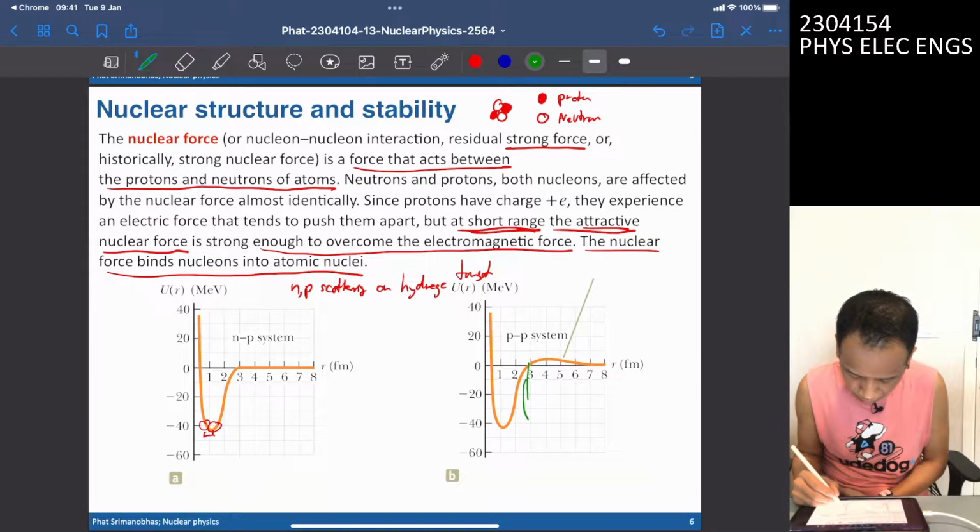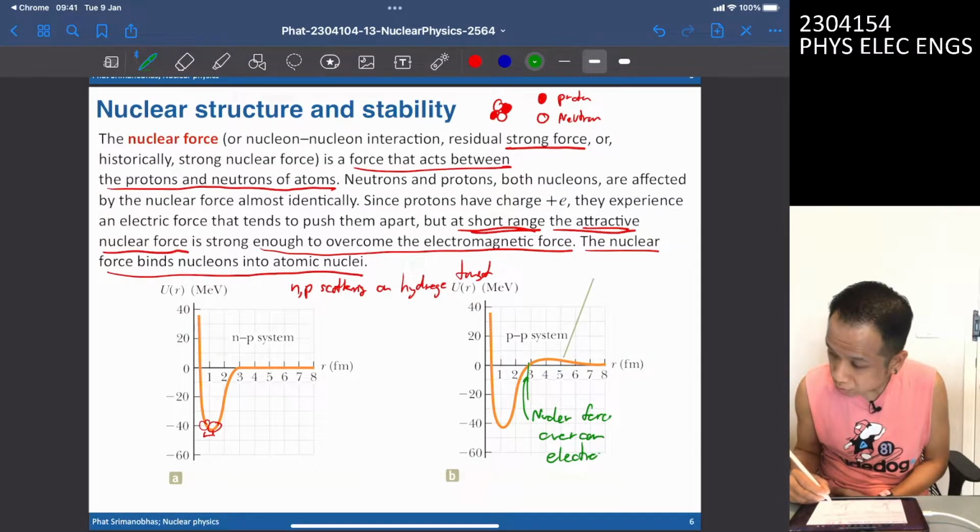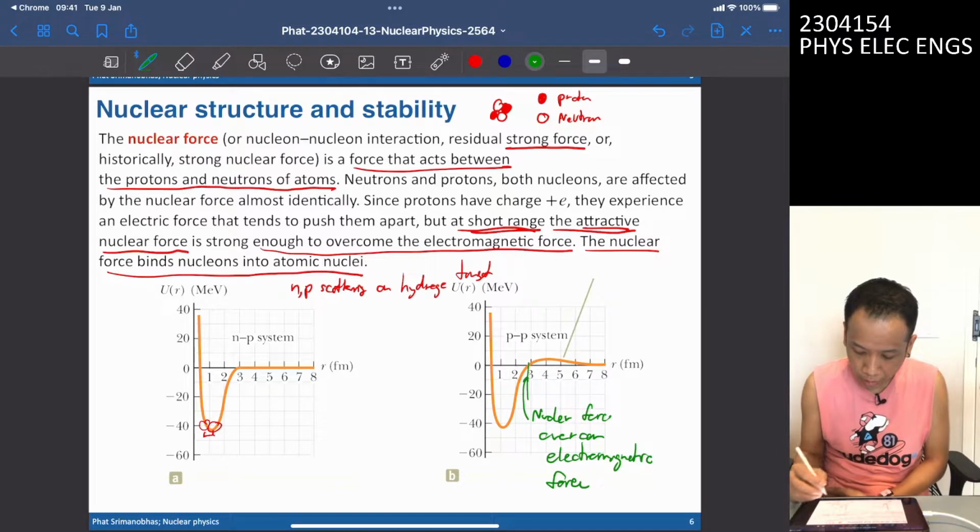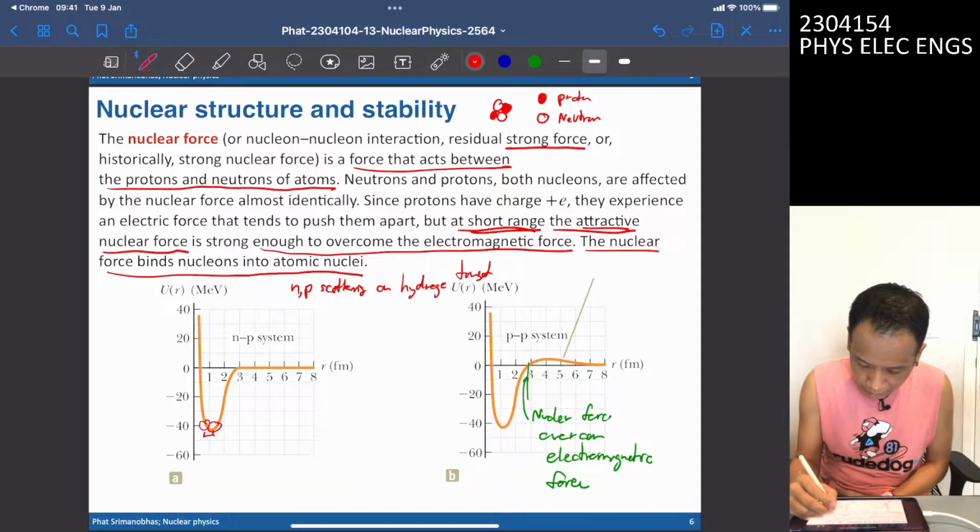Okay, so starting from here, the nuclear force overcomes the electromagnetic force.